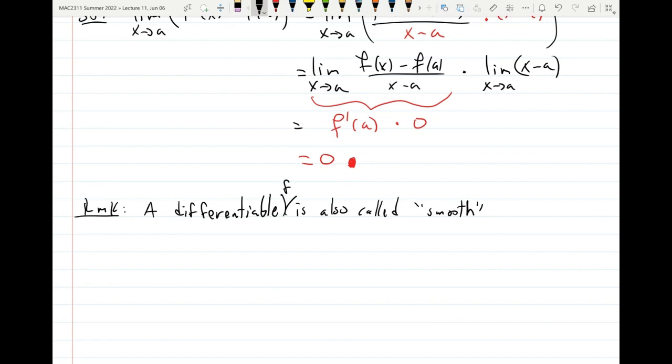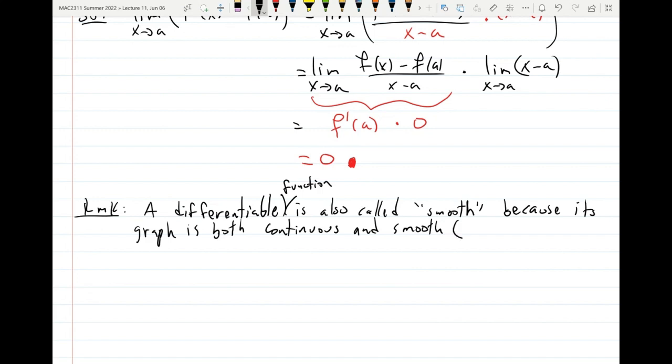A differentiable function is also called smooth because its graph is both continuous, no holes, no gaps, nothing strange, and smooth. And by smooth, what I mean is no sharp turns.